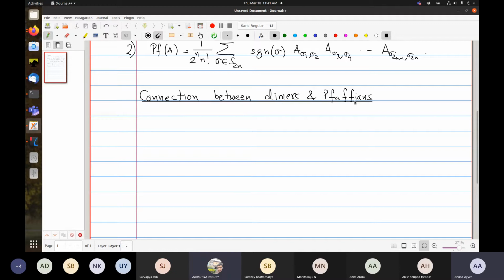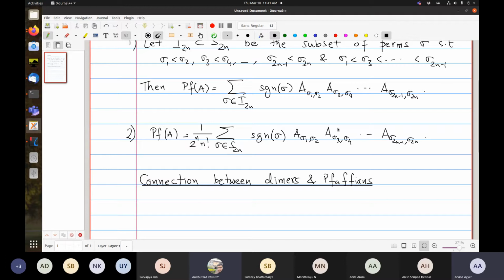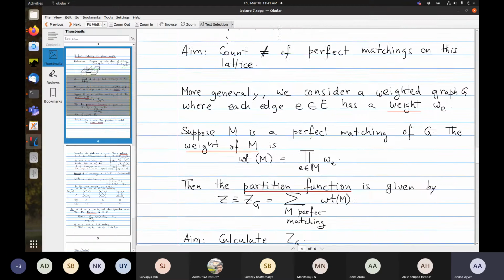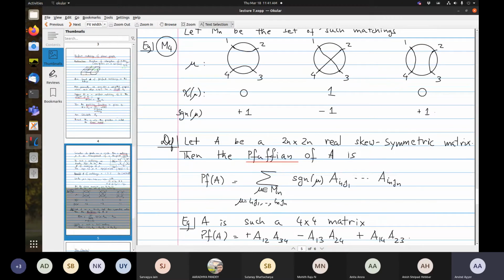Sir, Pfaffian is defined for all matrices, but I mean even dimensional matrices, but the identity only holds for skew symmetric. That's it. So Pfaffian is defined, at least the way I defined it, for real skew symmetric matrices of even dimension, and you can replace real by complex, but then this doesn't have much use.